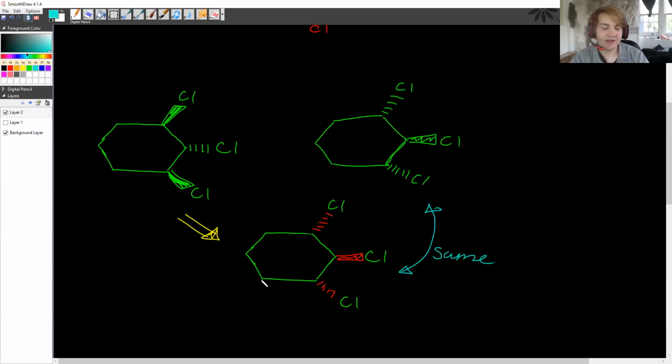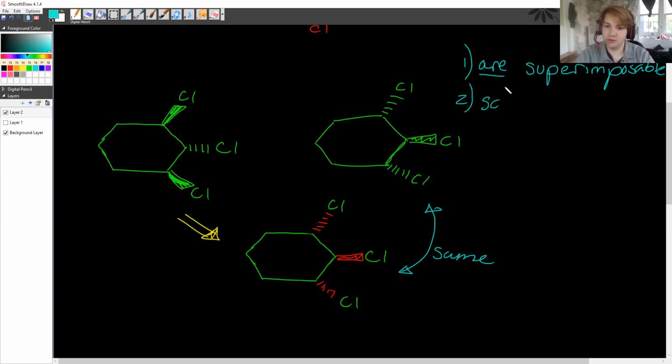They're the exact same molecule. So are these non-superimposable? No, these are superimposable. So if you are superimposable and you have the same connectivity, which was step 0 that we did before, you are the same molecule.